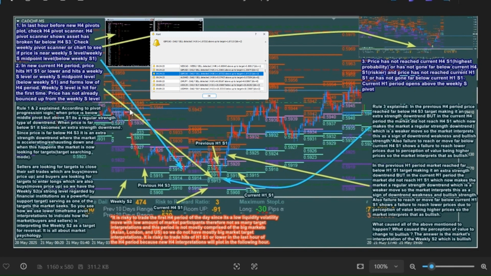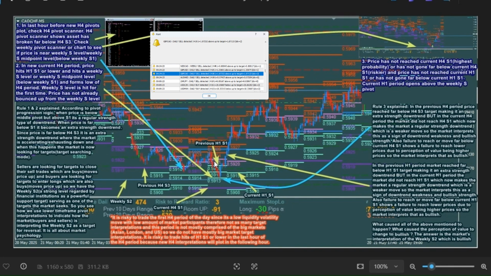In the previous H4 period, the market broke far below H4S3. That is an extra strength downtrend. Okay? But in the current H4 period, price failed to even reach the H4S1.